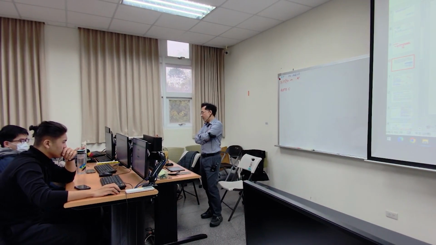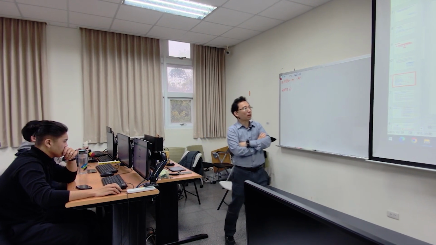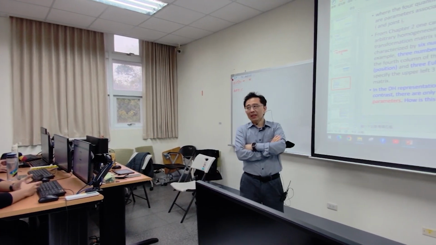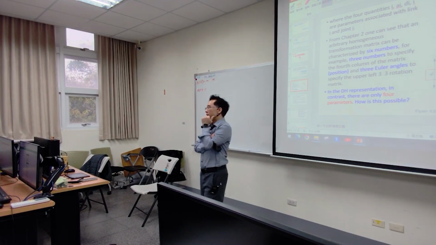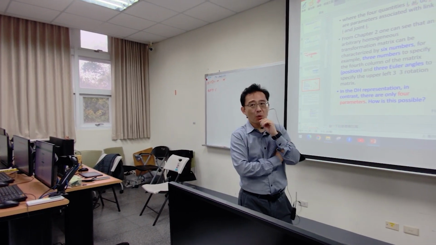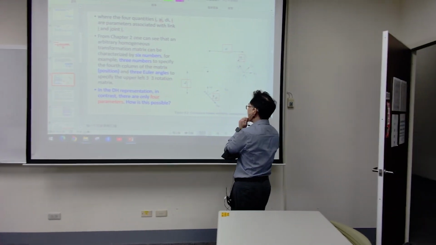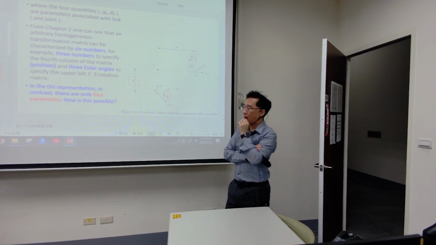We have A, alpha, D, and theta. Where is that? In this diagram, they try to explain the DH form for the assumption. But I just want to know where the parameters are in the diagram.